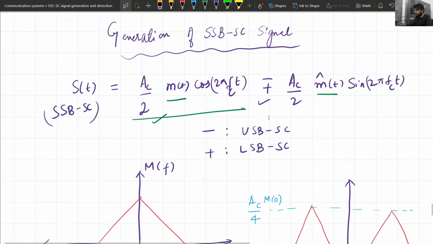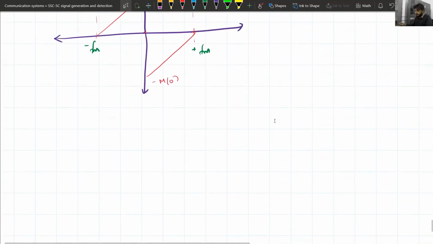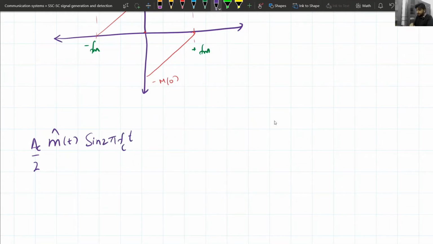Now the second component is m hat(t) multiplied by sine 2 pi fct. Now let's see. It is m(t) multiplied by sine 2 pi fc into t.